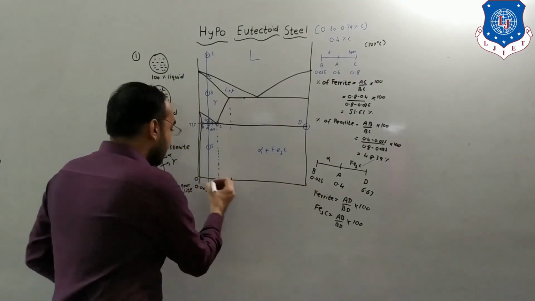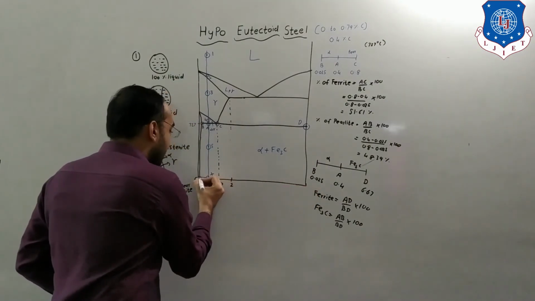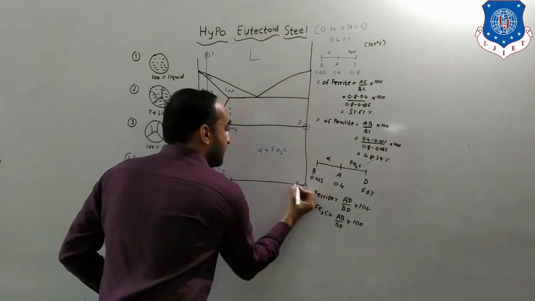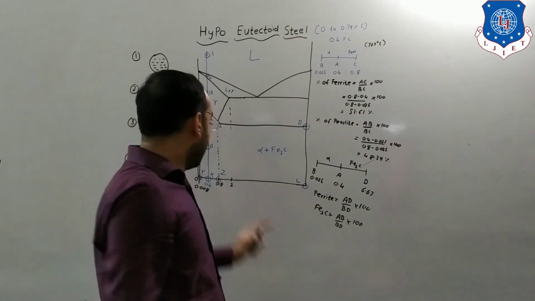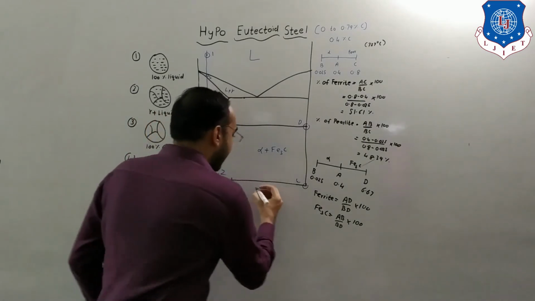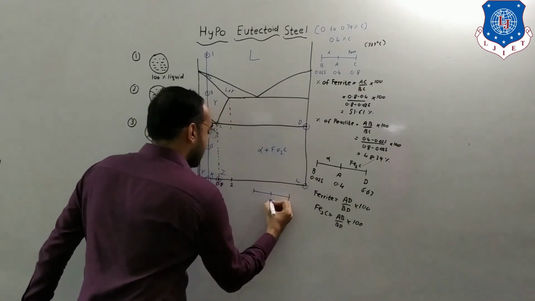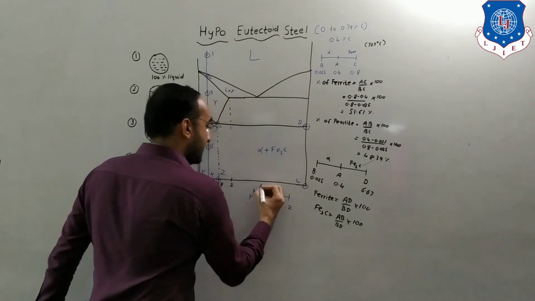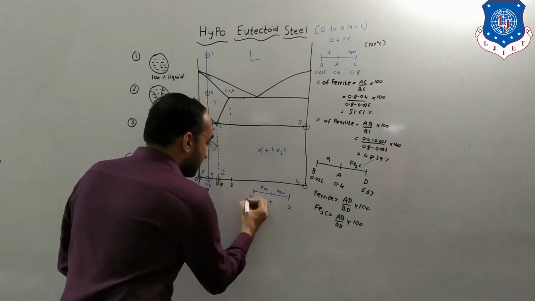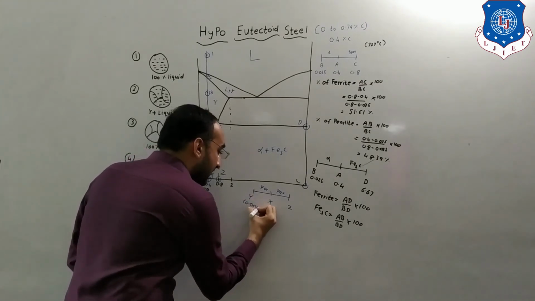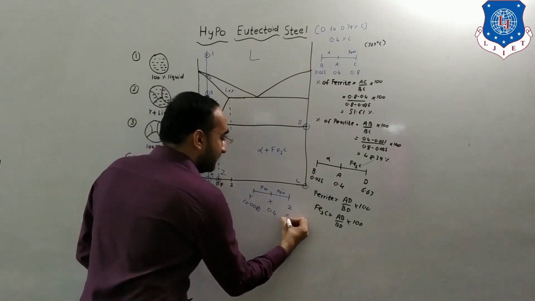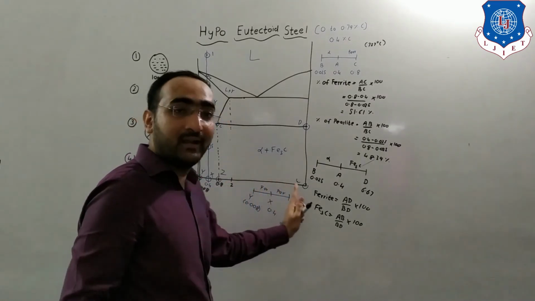Suppose this is my X point, then take Y, Z and W. For pearlite and ferrite, it will be X, Y, Z. Here ferrite, here pearlite. Y falls at 0.008, X is our 0.4, and Z will be the same 0.8 for ferrite and pearlite.